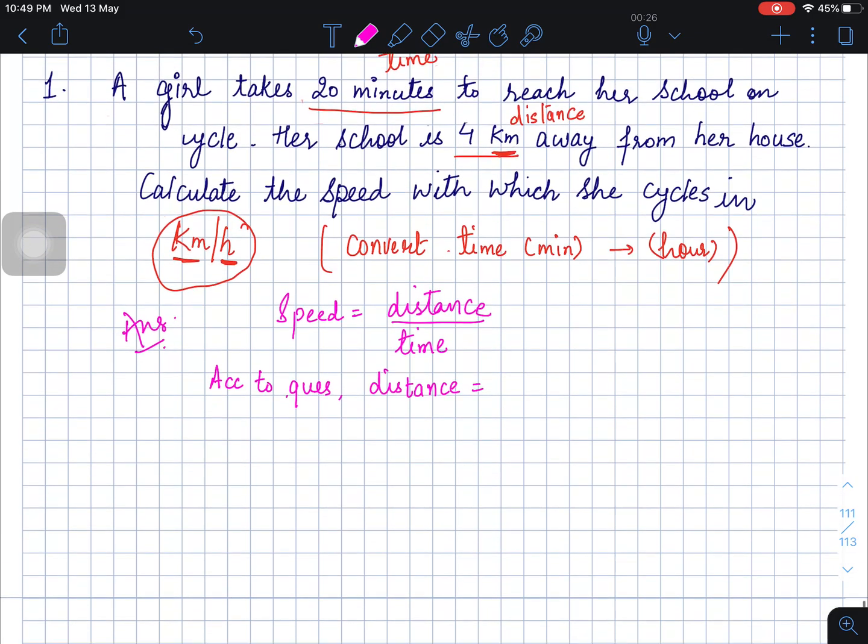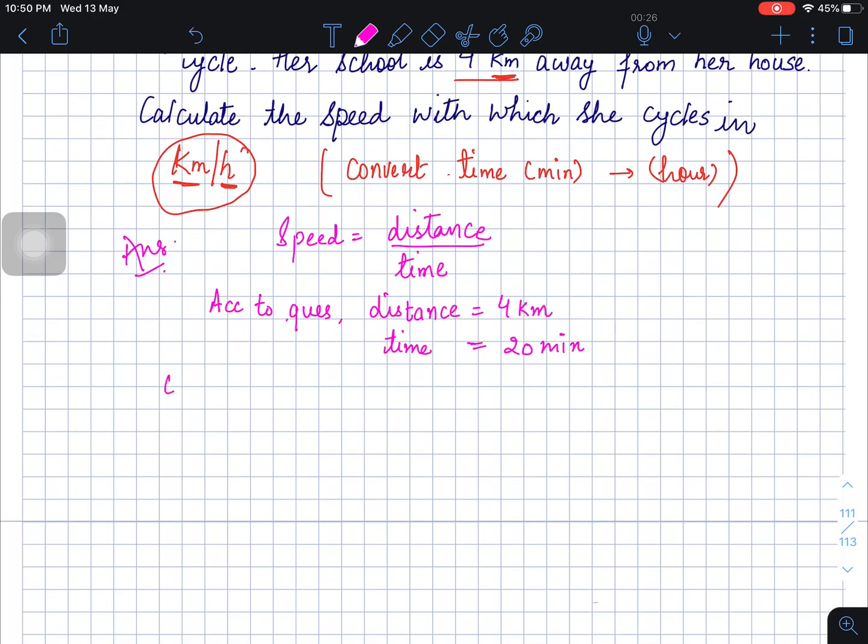We have no problem with distance. We are given the time as 20 minutes. The problem is here. So let us convert.